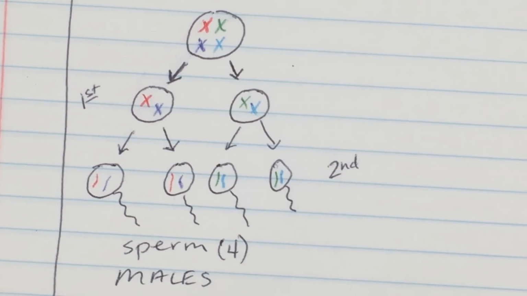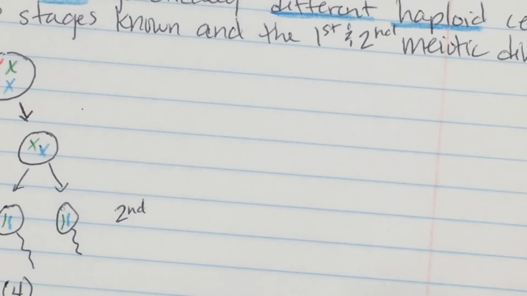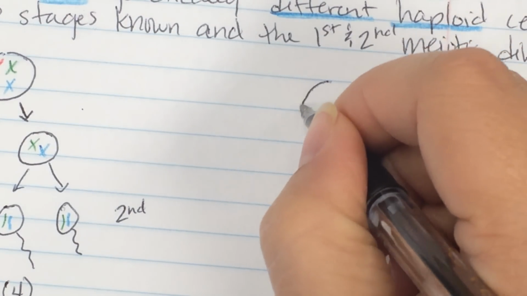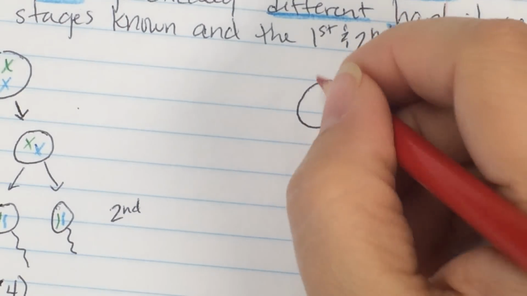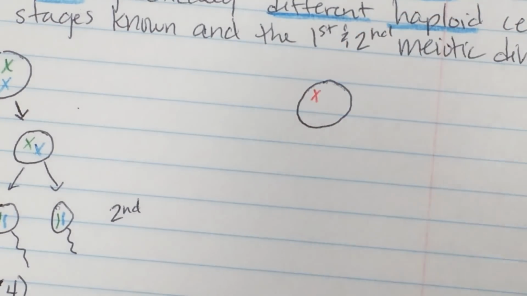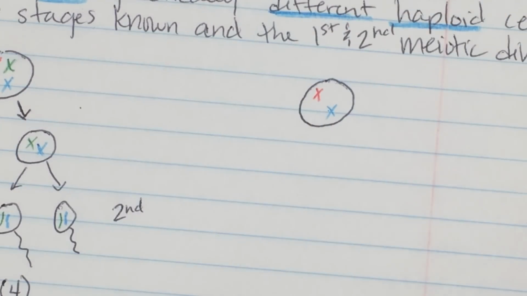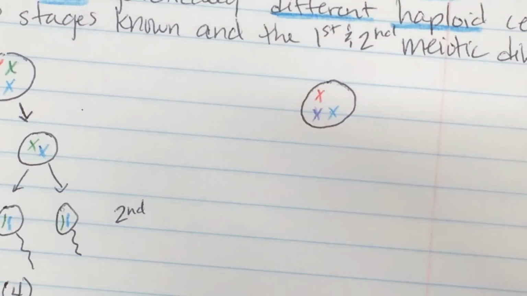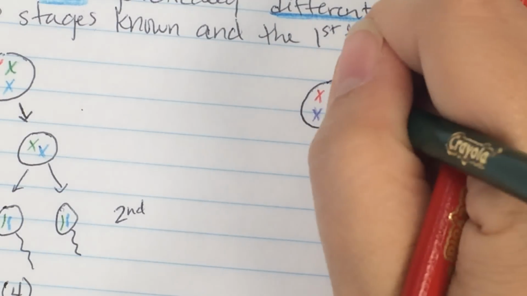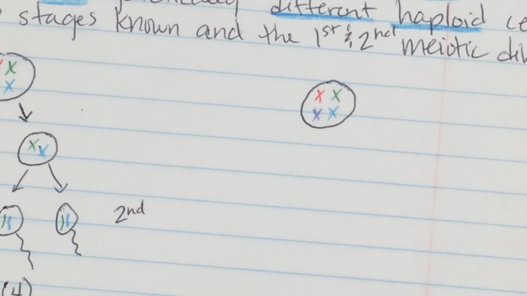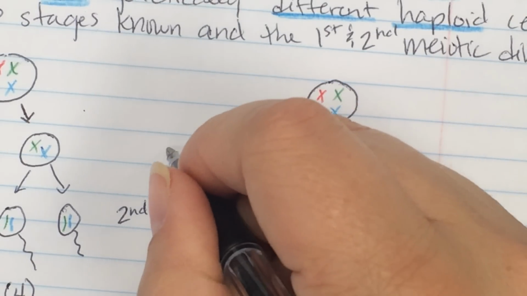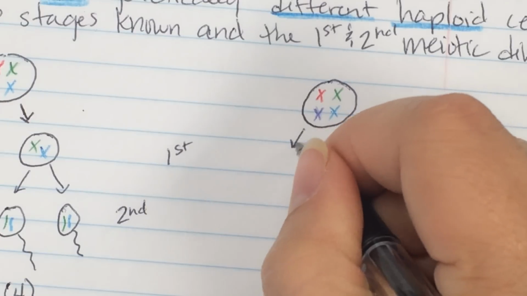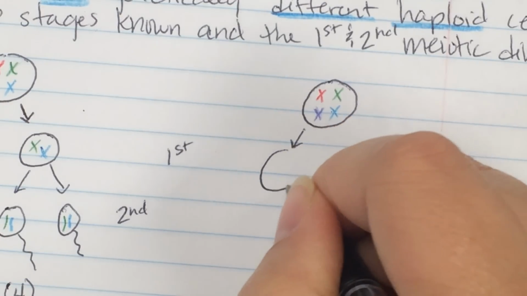Now in females, it's a little bit different. So we start out initially with our original gametic cell, and we'll divide it out here. We'll put a little X's, showing we have our chromosomes in there. They've gone through synthesis and they've duplicated, so we have them looking like an X. They're also going to go through their first meiotic division.